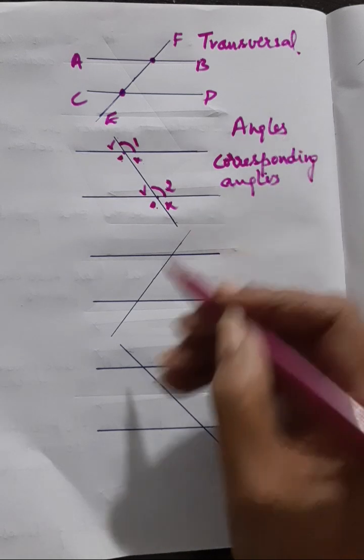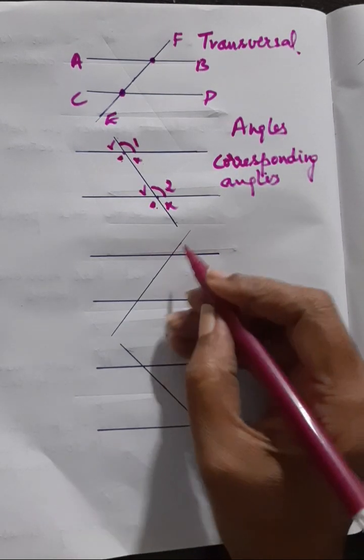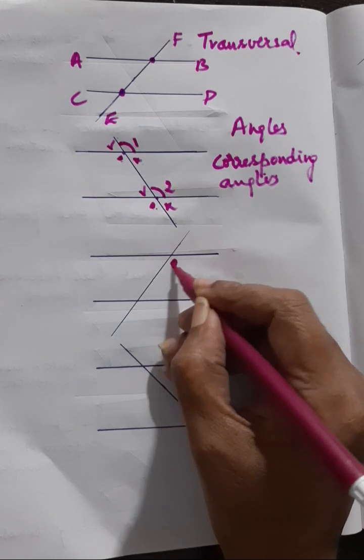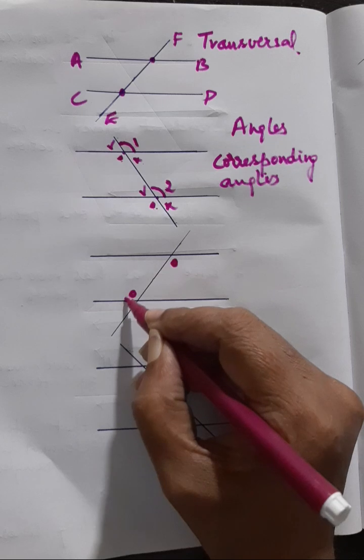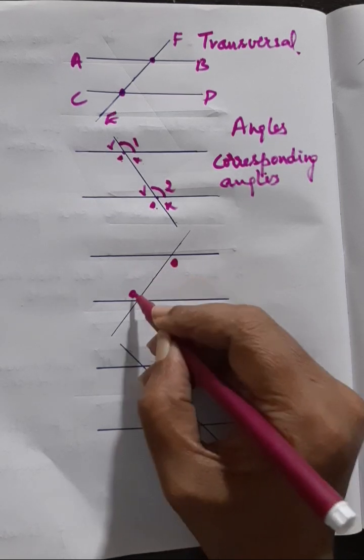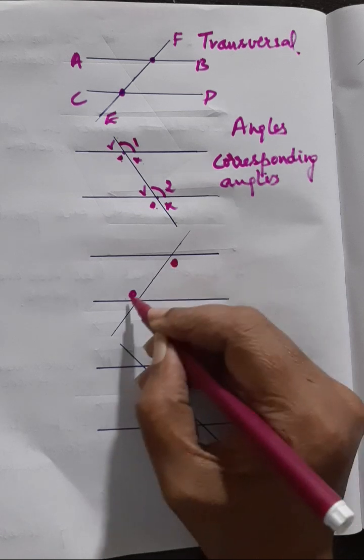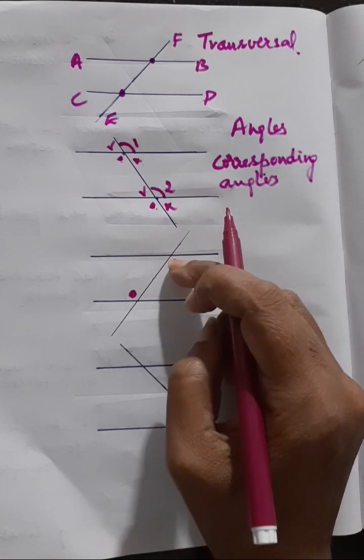Next one is alternate interior angles. Alternate means this is one angle, this is another angle, on this side and this side. So these two are alternate interior angles, meaning the inner side here. Understood?